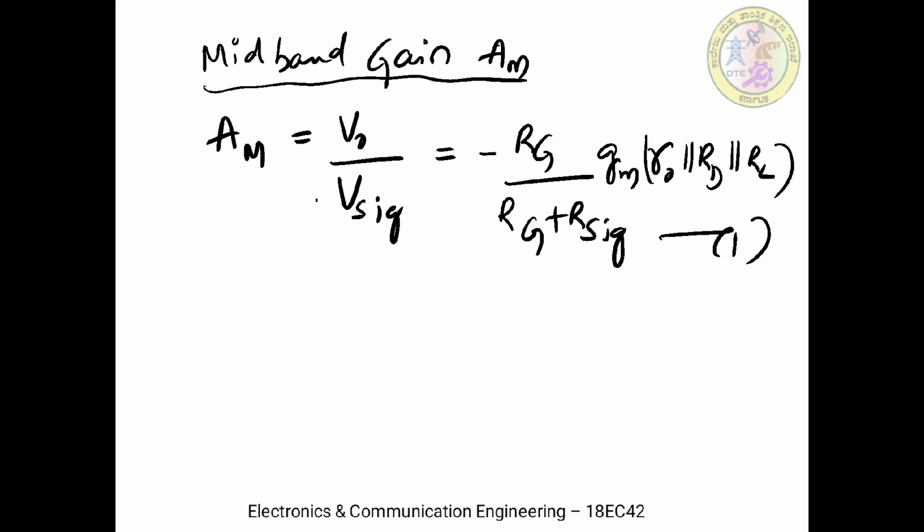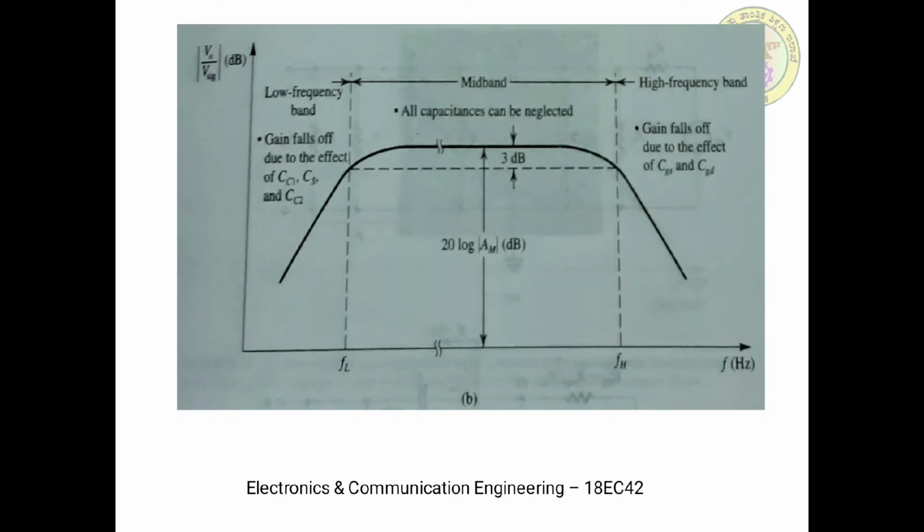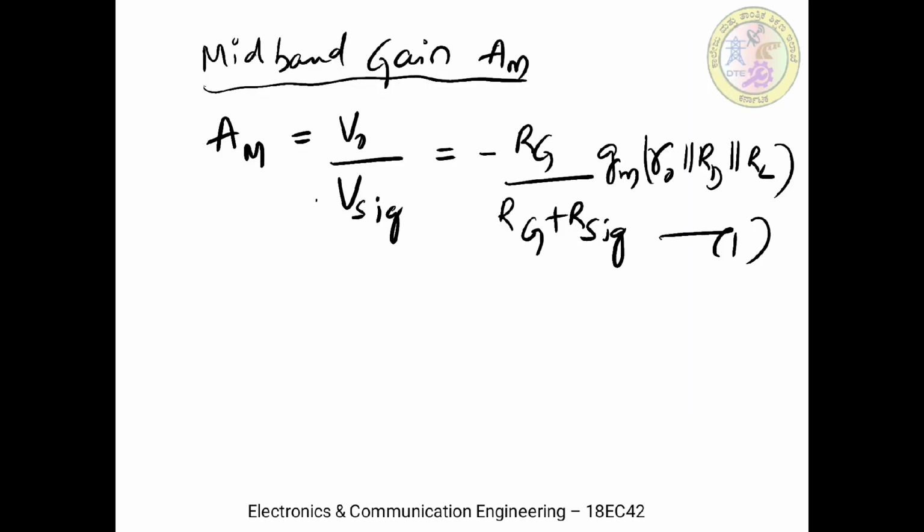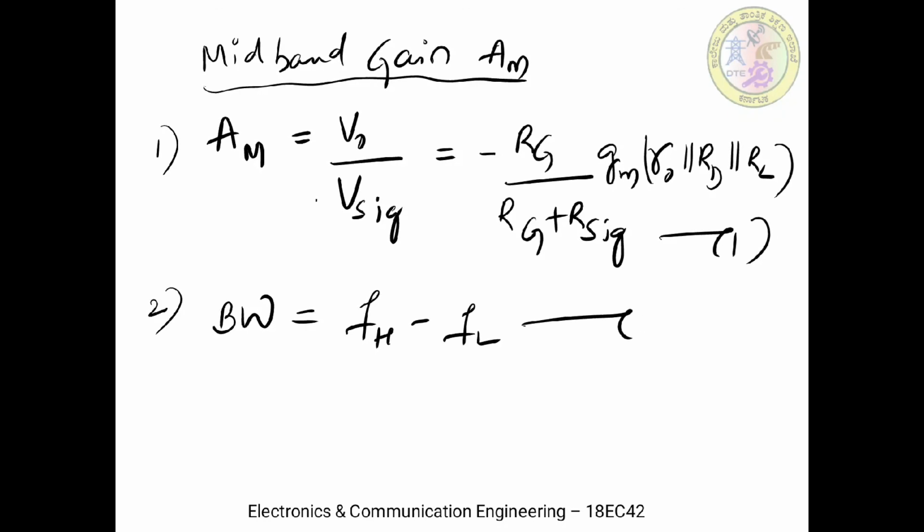Having written the expression for AM, the mid-band gain, it is possible to now write the bandwidth, or the 3 dB bandwidth, for the amplifier. This 3 dB bandwidth is defined as the difference between the higher and the lower frequencies, that is, the difference between FH and FL. So the bandwidth is given by FH minus FL.